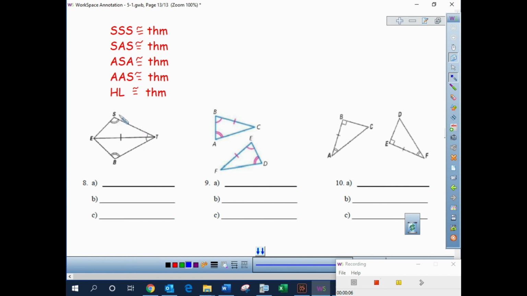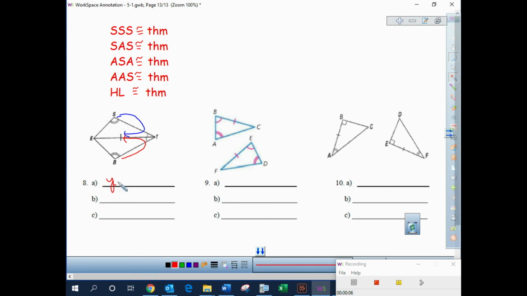Alright, you can't do side, side, side on this guy. Can't do side, angle, side because you don't have enough sides with tick marks on it. So angle, side, angle, and nope, it looks like an angle, angle, side type of situation. You went from an angle to a side. That's the tricky one. Double arc mark, single arc mark, side. If you go around from the double arc mark to the single arc mark, can you get back to the side?